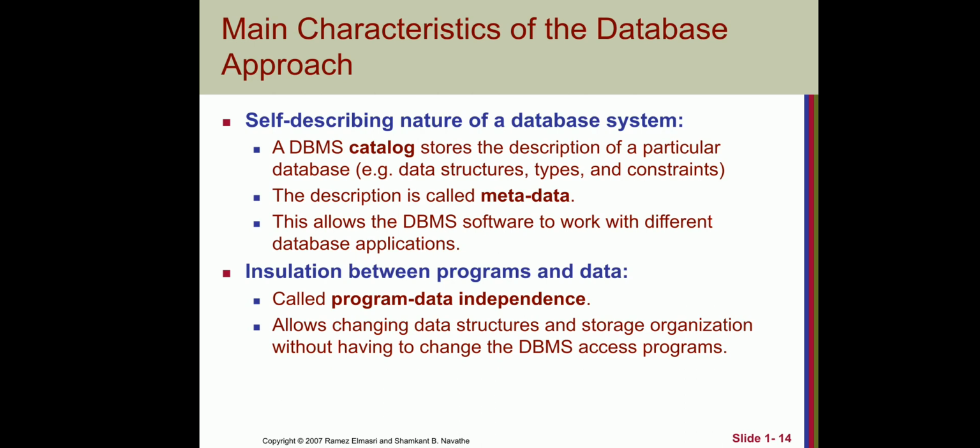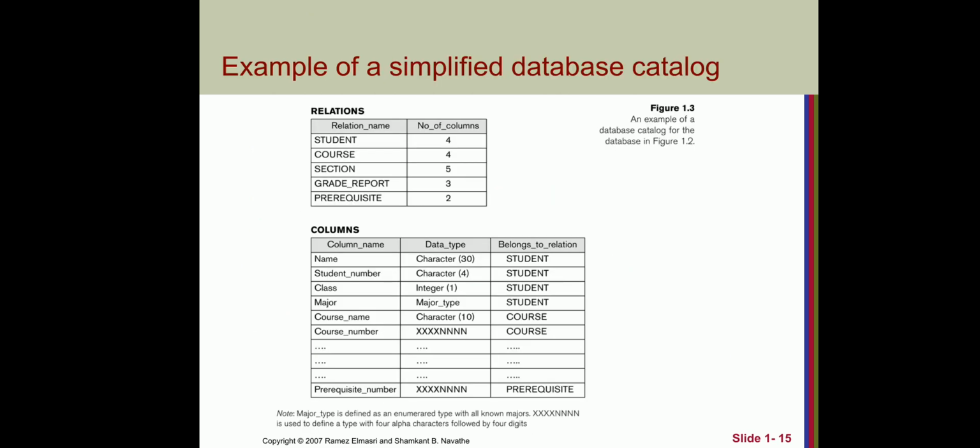For example, what are the data structures involved, what are the data types, and what are the constraints under which particular information has to be stored. For all these things, we have a catalog. The description is called metadata. You can see over here an example of a simplified database catalog.